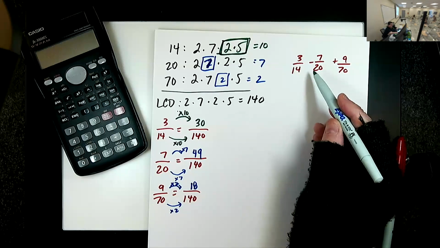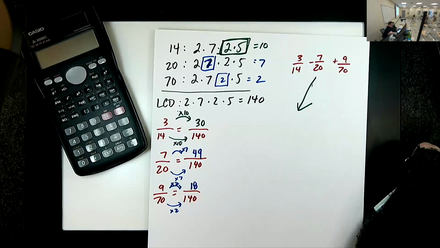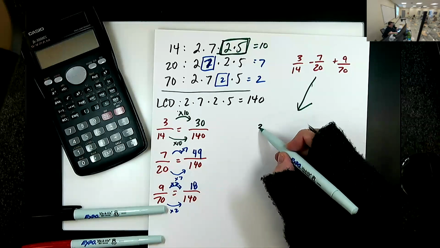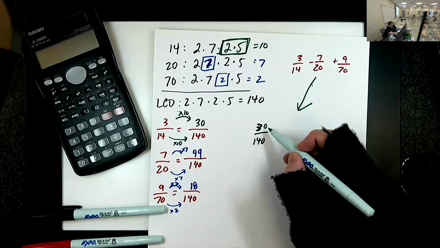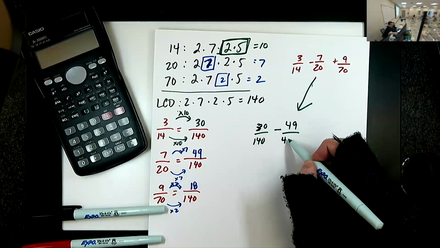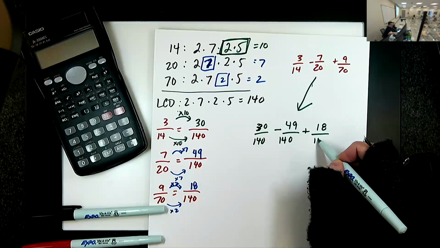Which means I can rewrite these as 30 over 140 minus 49 over 140 plus 18 over 140.